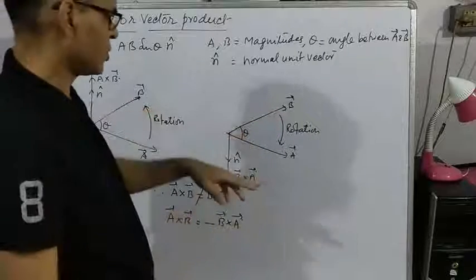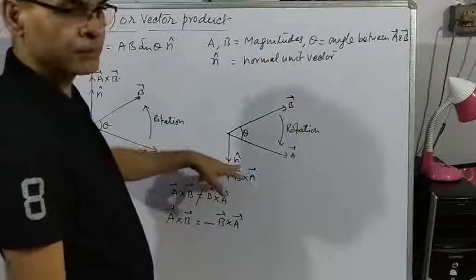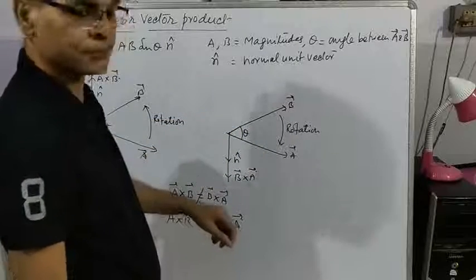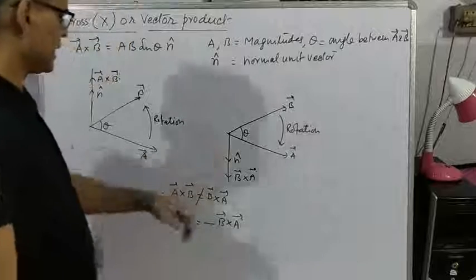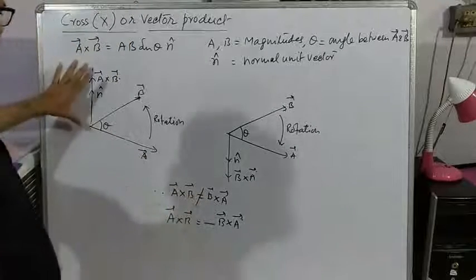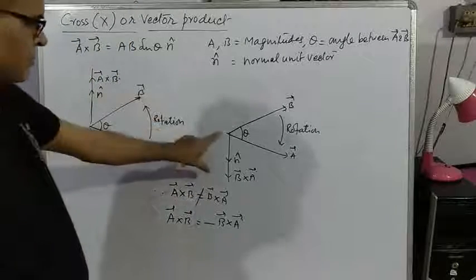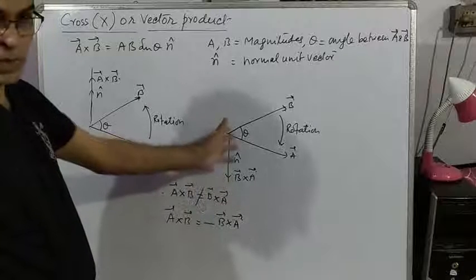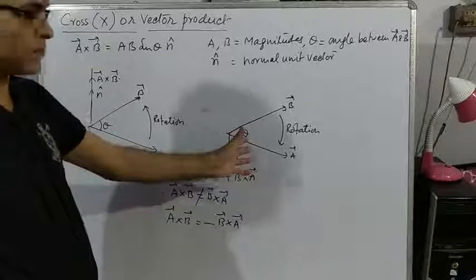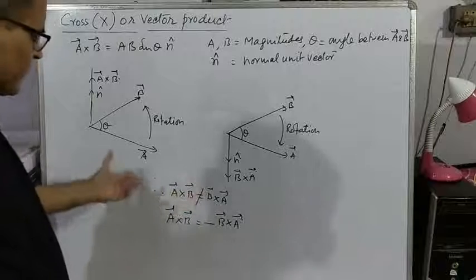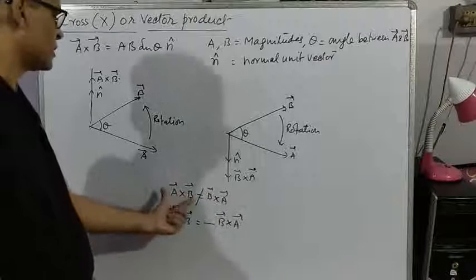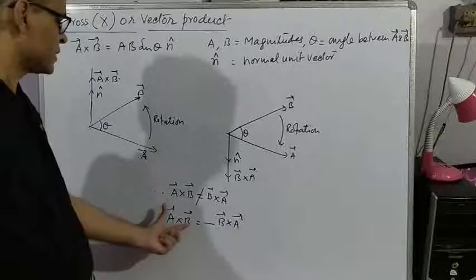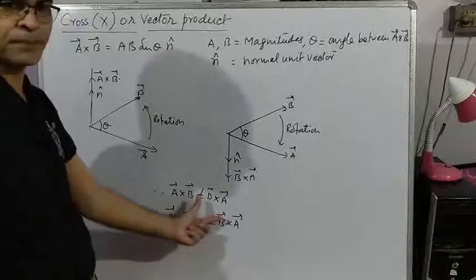So it is direction of n cap or unit vector n in condition of B cross A. Very clearly, A cross B upwards, B cross A downwards. So directions are opposite. Of course, magnitudes are same, but directions are opposite. Therefore, A cross B is not equal to B cross A. Rather, A cross B is equal to minus B cross A.